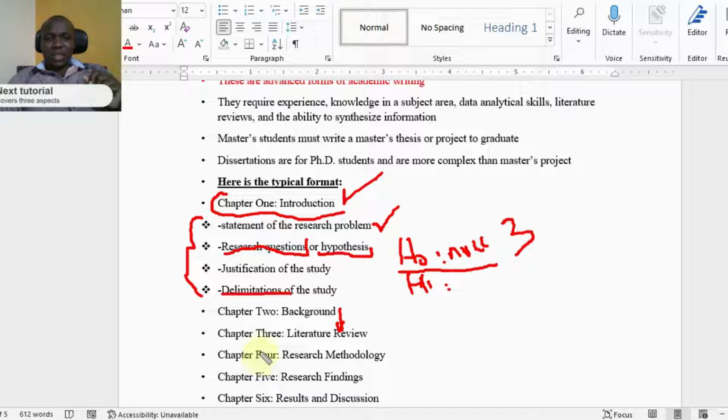Then chapter 3 is the research methodology. Here, in this section, you discuss the methods you intend to use: research design, sampling methods, the sample size, the design.